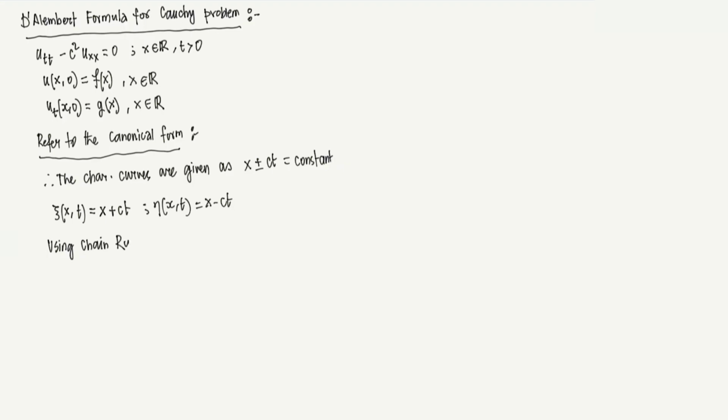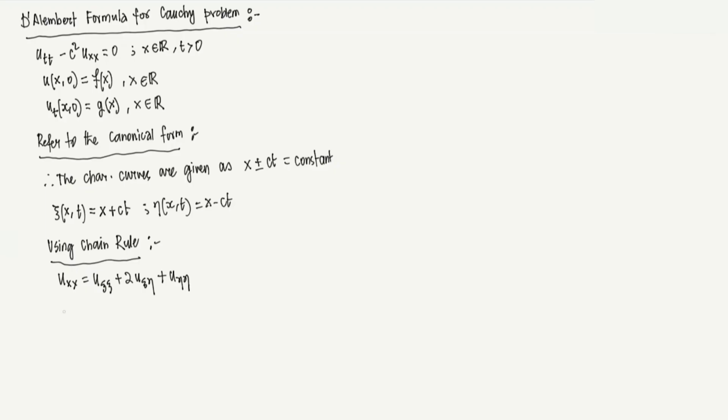We have already talked about this, so I am not going into details here. So what do we get? You get that this equation, you can write it like this: u_xx equals u_xi xi plus 2 u_xi eta plus u_eta eta.